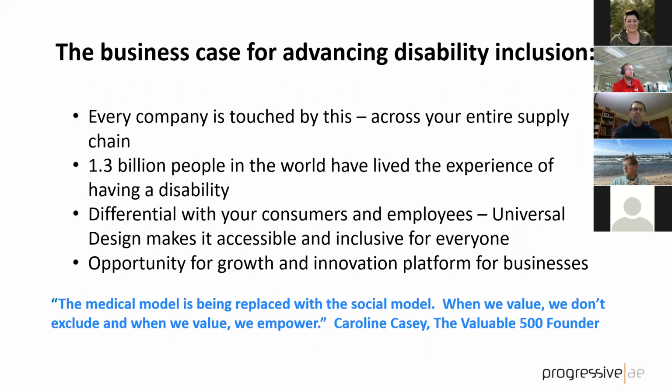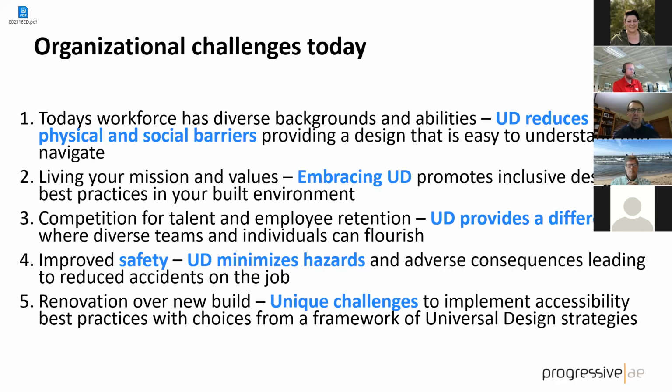We think it's a way to differentiate companies with their consumers and employees. It tells a really interesting story, and I'll share some of that in a moment. But it's also an opportunity for growth and an innovation platform for business. Like I mentioned, in India, they are touting this, and they are so proud of it that it's going to help them be innovators within their own country. Next slide, please.